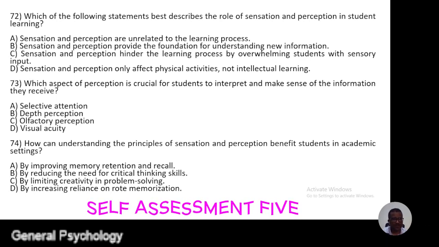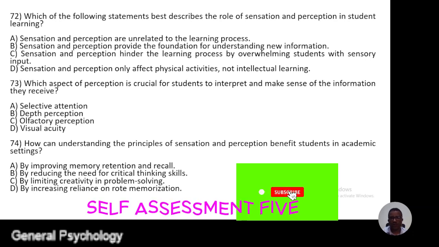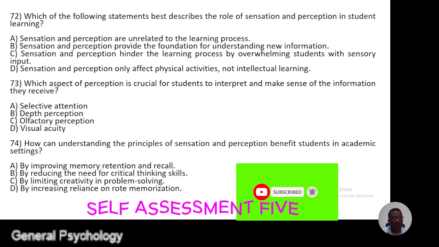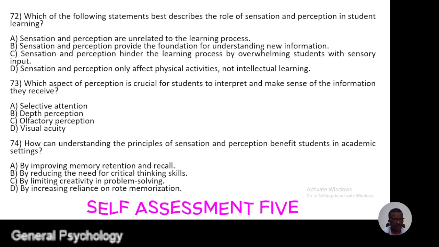Question 73. Which aspect of perception is crucial for students to interpret and make sense of information they receive? A. Selective attention. B. Depth perception. C. Olfactory perception. D. Visual acuity. Question 74.